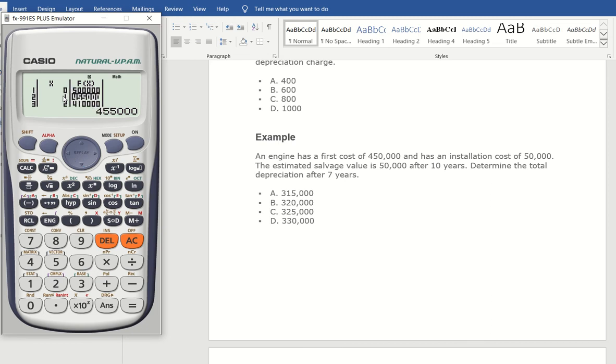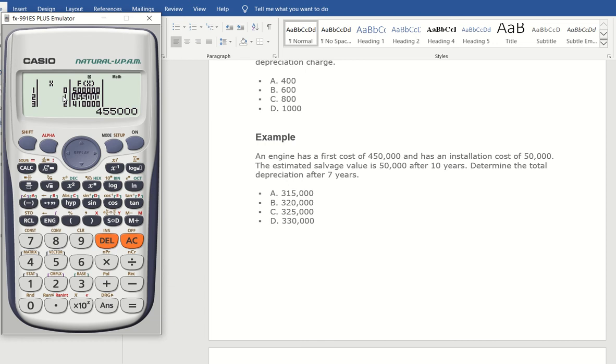Okay, so the first cost is 500,000. Now, if we were gonna get the depreciation charge, we just need to deduct the first cost minus the book value in year one. So 500,000 minus 455,000, that's gonna be 45,000.